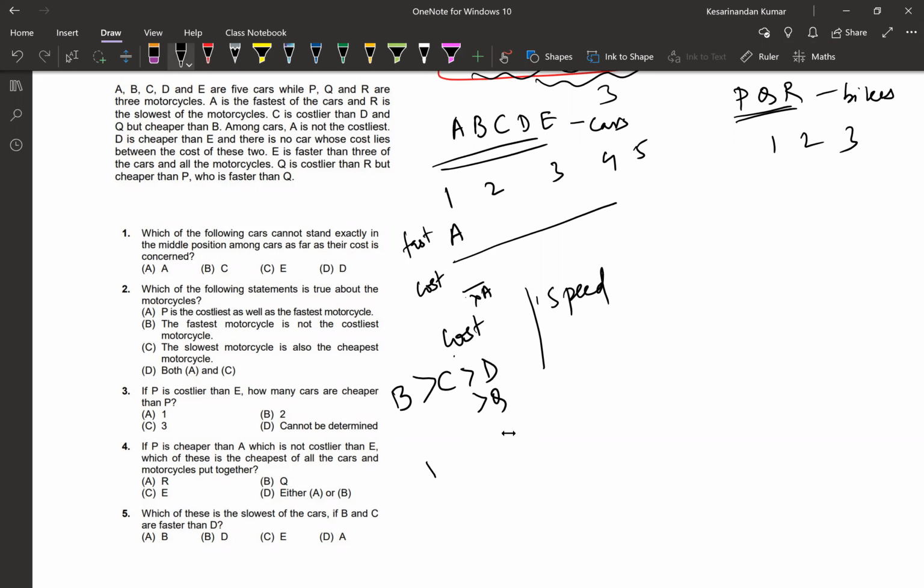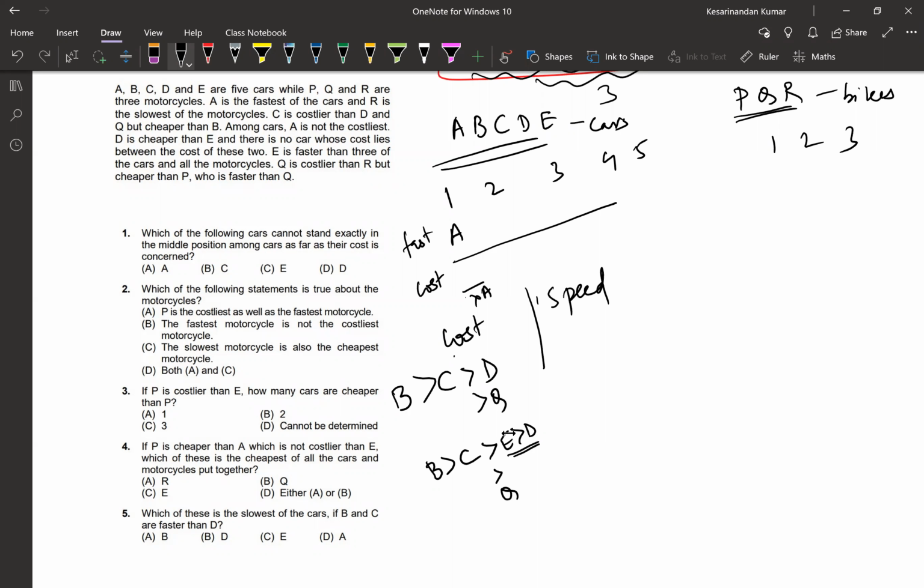So it will be B, C. It will be somewhere with the Q as well, but it will be E and D because E is costlier than D and there's nobody between E and D. It has to be this order for now from what we get.